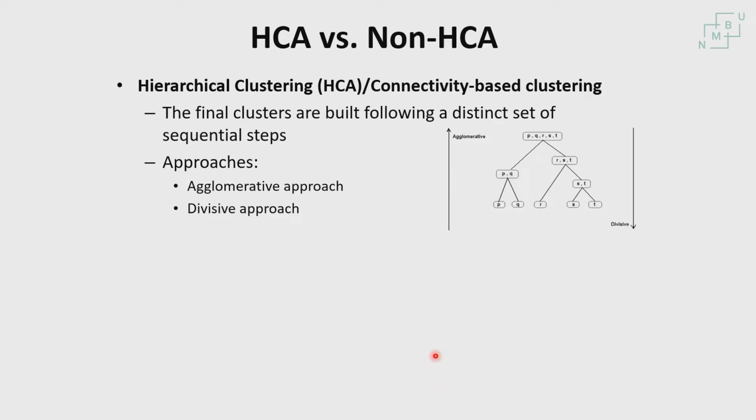This can be done either by the agglomerative approach, where samples are connected together in clusters sequentially according to the similarity between them, or we can use the divisive approach, which goes in the opposite direction, where clusters are formed by splitting up sequentially the samples into smaller and smaller clusters.